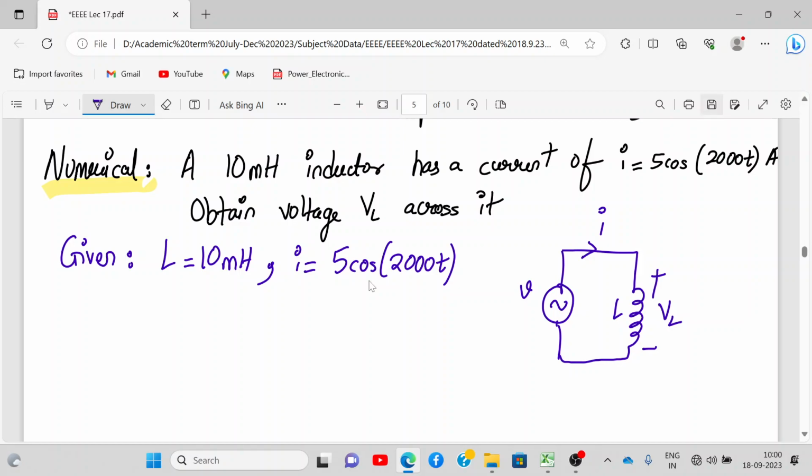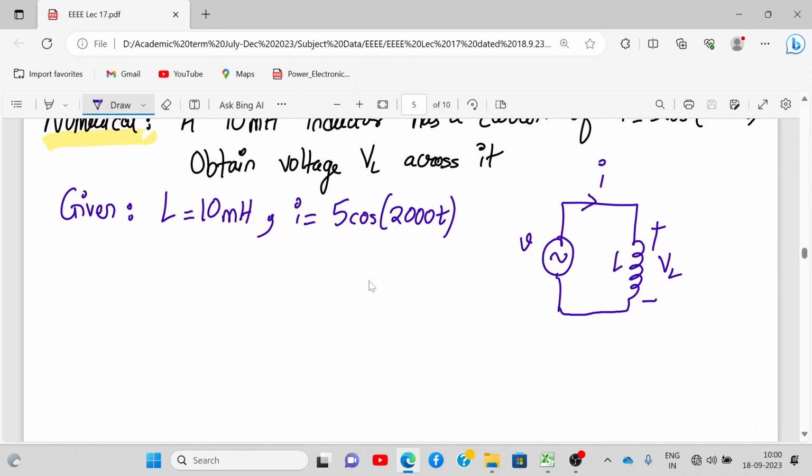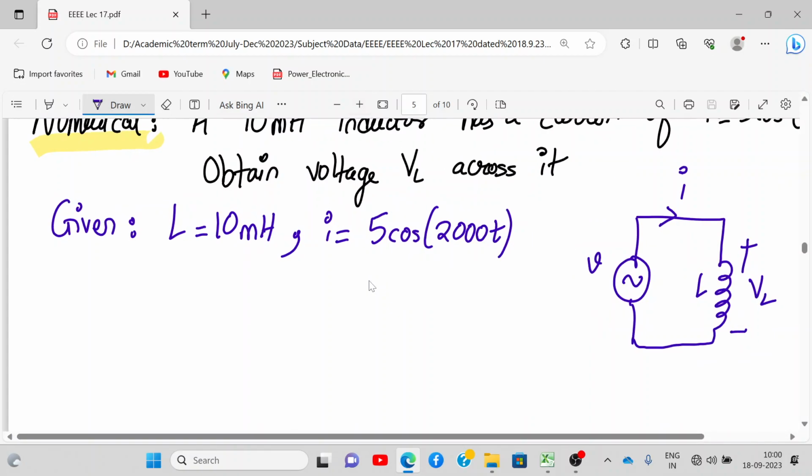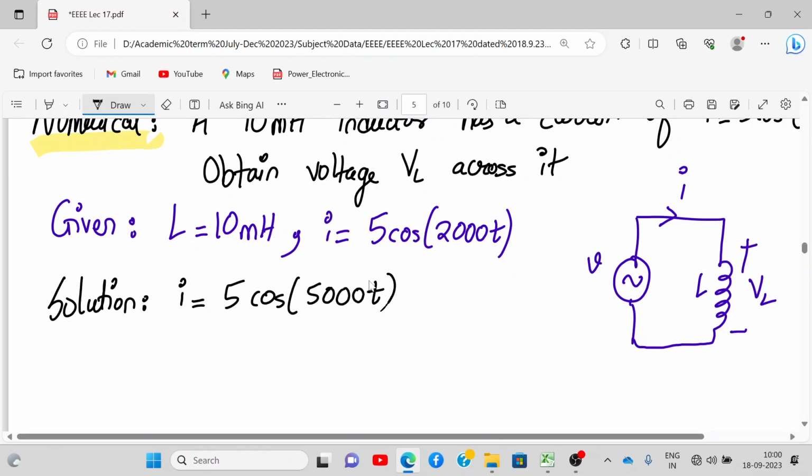Now, is this the standard form? No, right? Standard form is sine omega t. So how will you convert cos to sine? I is equal to 5 cos 2000 t can be written as I is equal to 5 sin of 2000 t plus pi by 2, right?